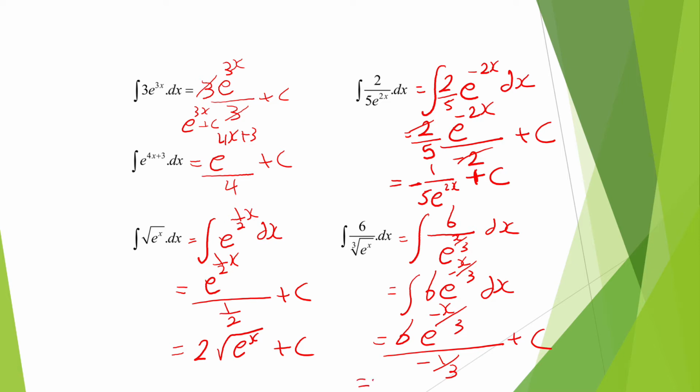It will be negative 18 over cubic root of e to the power of x, plus c. You can leave it in this format, it doesn't matter if it's just integrating and not simplifying.